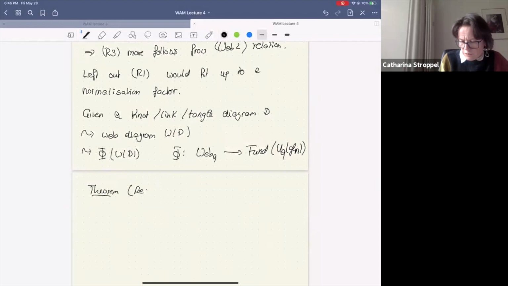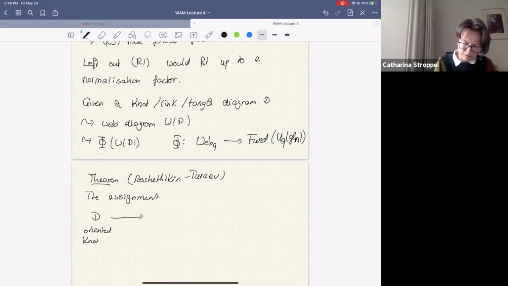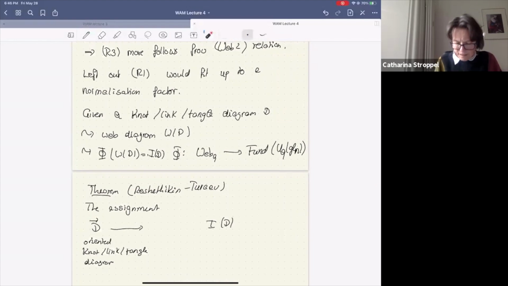And this is due to Reshetikhin and Turaev. And this says the assignment sending D, oriented, again, I have to take it oriented, not a link or tangle diagram, to, let me call this maybe I of D. So I start with an oriented diagram, I forget the orientation, then I assign a web diagram and then I apply my functor phi.